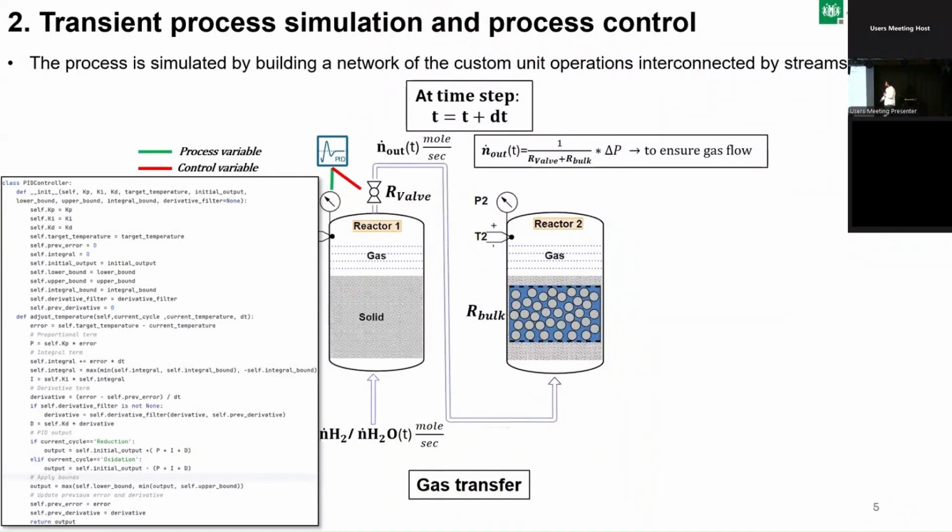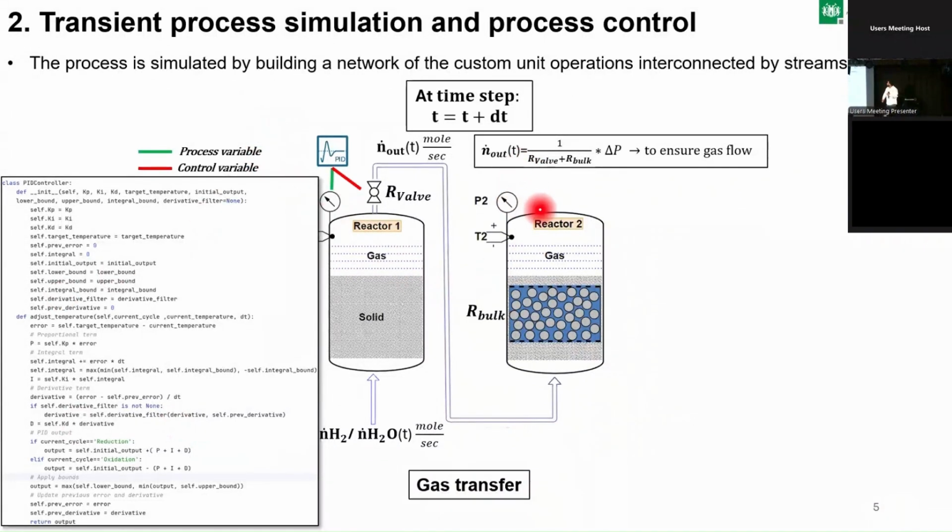So what we did, we just implemented a PID controller algorithm. This is a snippet from the code. And this algorithm was running in parallel to our simulations. This PID controller was trying to regulate the resistance valve, this R valve value, which can be seen here in this equation.